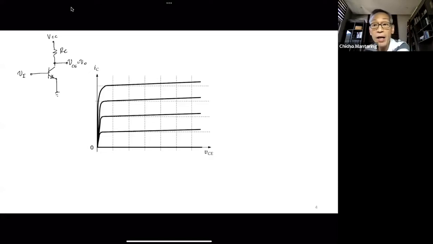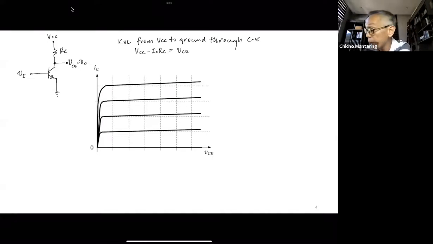If I do a KVL from VCC to ground through the collector emitter, I have VCC minus IC RC is equal to VCE.